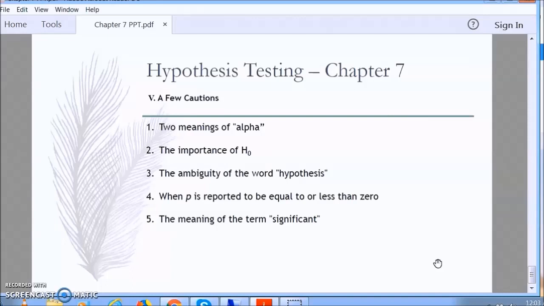The second caution is about the importance of the null hypothesis, H0. Some researchers do not take the time or space to publicly indicate the precise nature of H0. They presume that the readers will understand what the null hypothesis is.